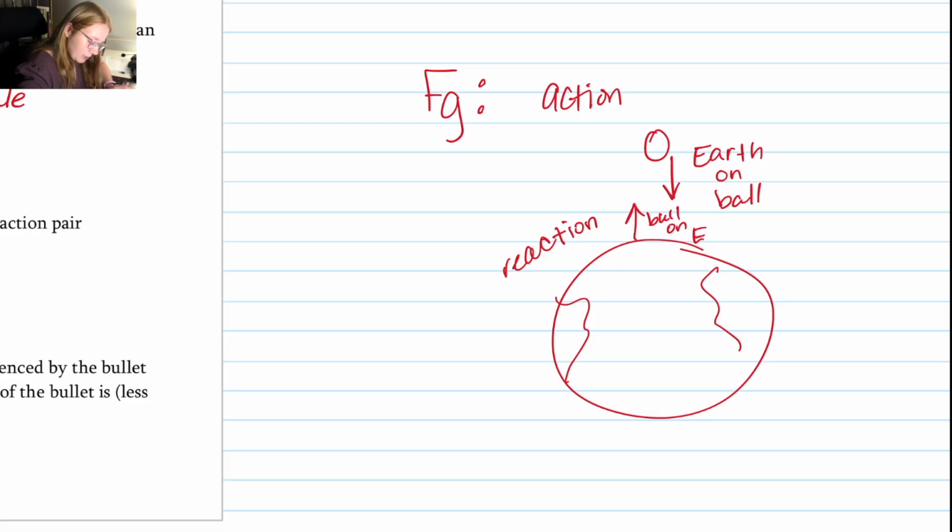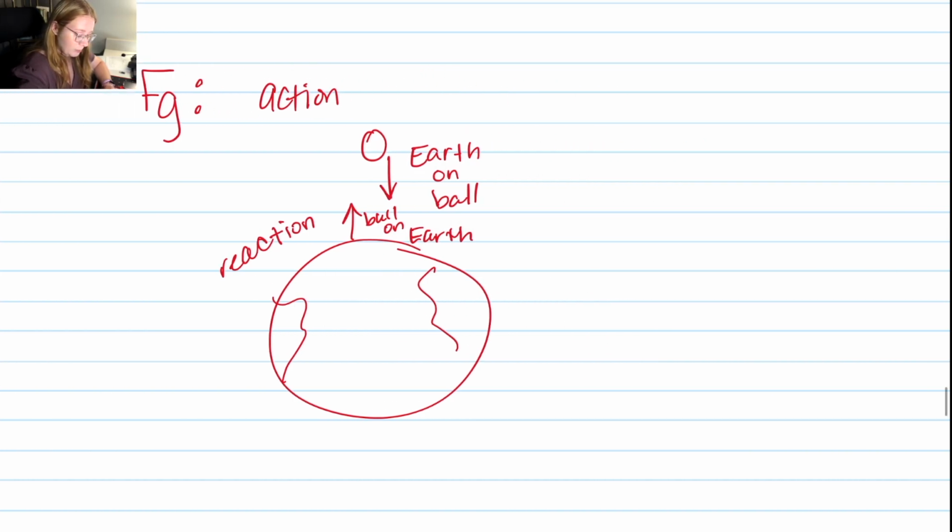Because the ball does pull on the earth, everything has a gravitational force. It's just the way it's perceived. The earth has an insane mass, and the ball has a tiny mass, and so we get a large acceleration that we can visibly see. But with the reaction, the ball pulling back on the earth, the ball has such a small mass compared to the earth that the earth hardly experiences any, or actually really no, change in acceleration. But that's the action reaction pair.